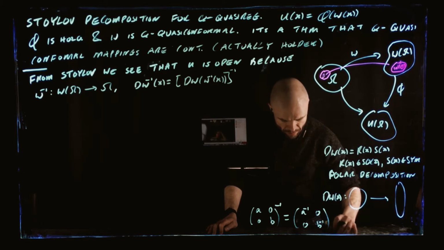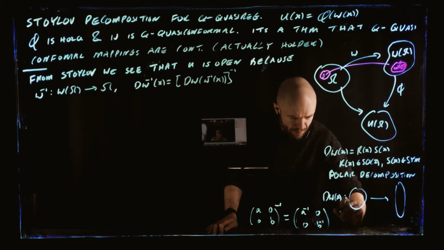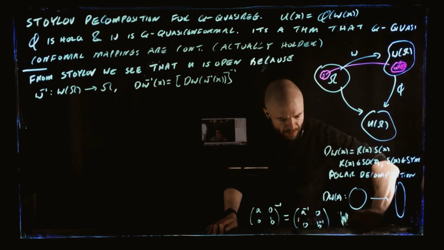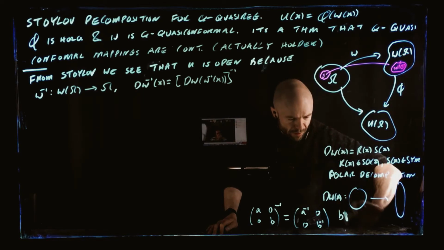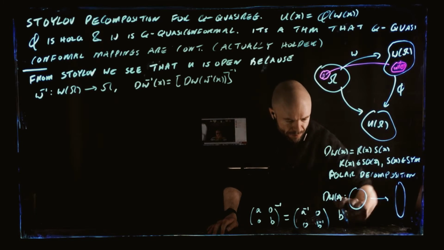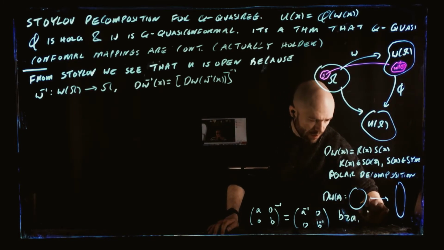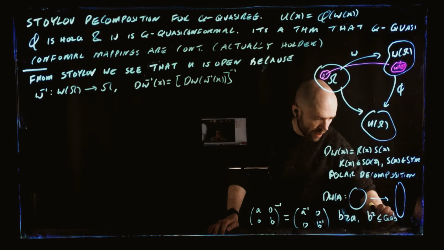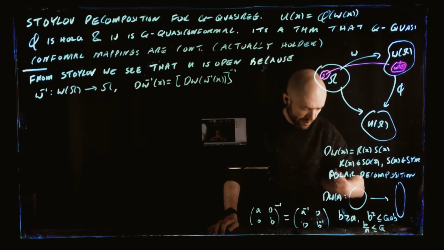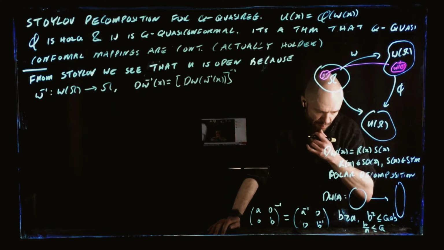So what do we know? We know that the operator norm squared is b squared, so assume b is bigger than a. Then b squared is less than q times ab, which means that b over a is controlled by q.